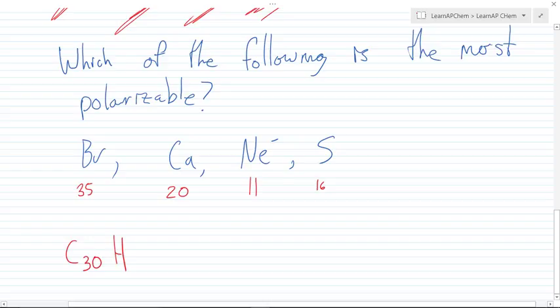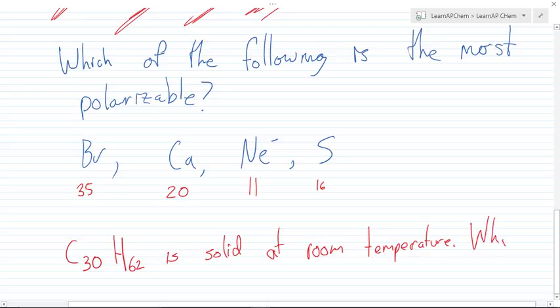C30H62 is solid at room temperature. Why is this if the compound is nonpolar?